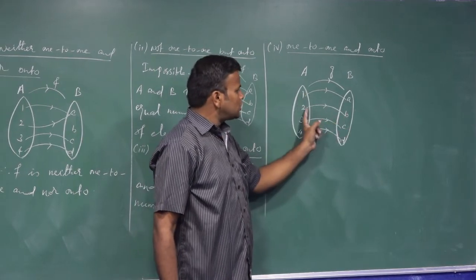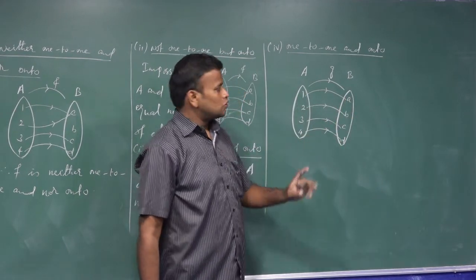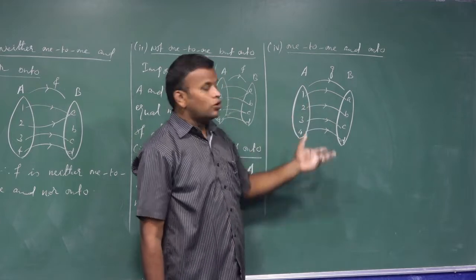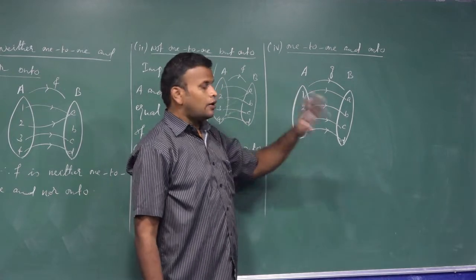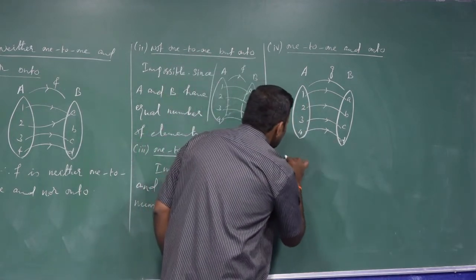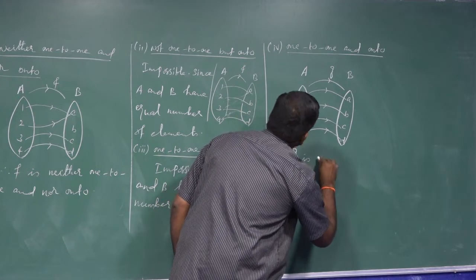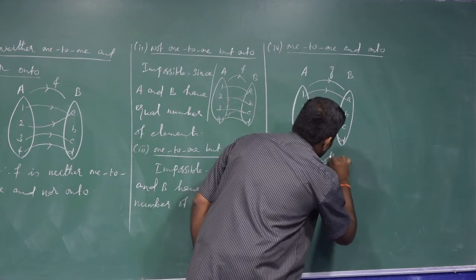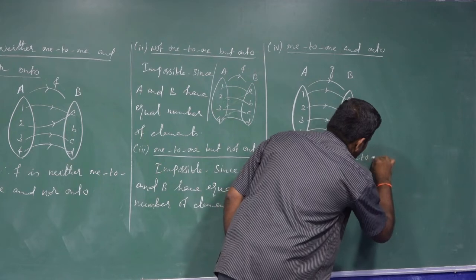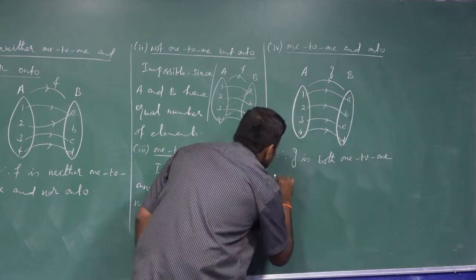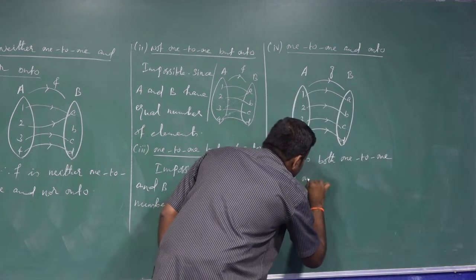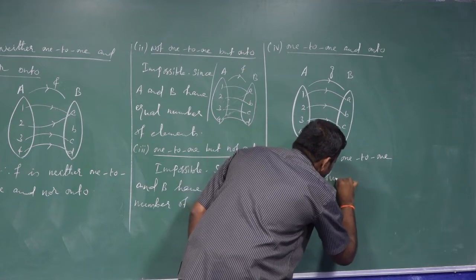Suppose 1 goes to B, then 2 goes to A. So now I say the function G is both 1 to 1 and onto function.